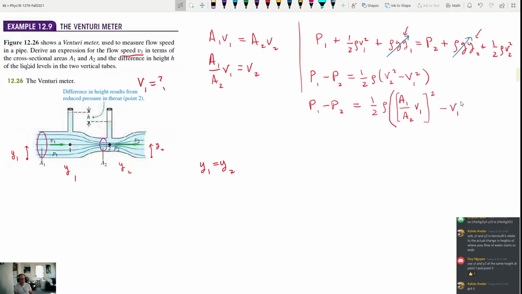Minus V1 squared. Then we do some rearrangements. P1 minus P2 multiplied by 2 over rho from here, multiplied by this factor, equals, factor out V1 squared. So we'll have A1 squared over A2 squared minus 1. Divide this to the left-hand side.